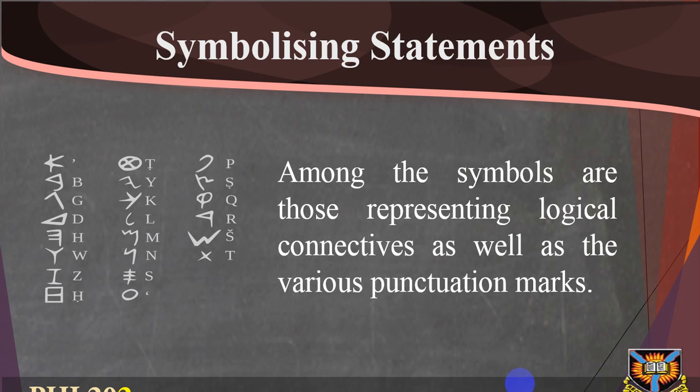For instance, the expression P dot Q or R will remain ambiguous and can be interpreted differently unless it is properly punctuated. Don't forget that dot means and. It could mean the conjunction of P with the disjunction of Q with R.